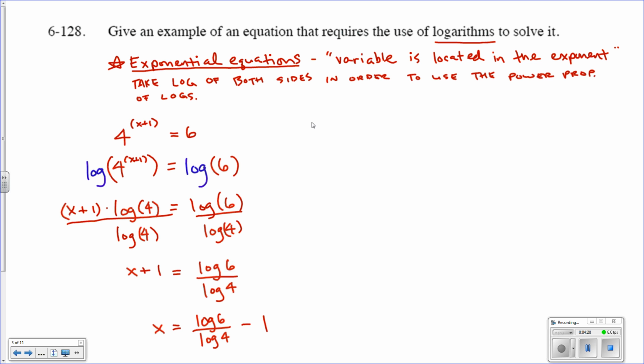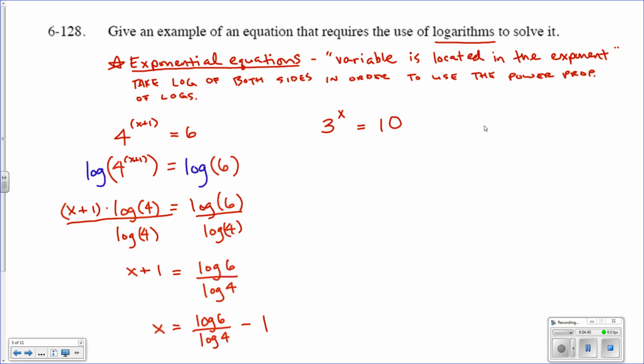Another example: if I have 3 to the power of x equals 10, same kind of thing. We could take the log of each side so that we could use that power property of logarithms.